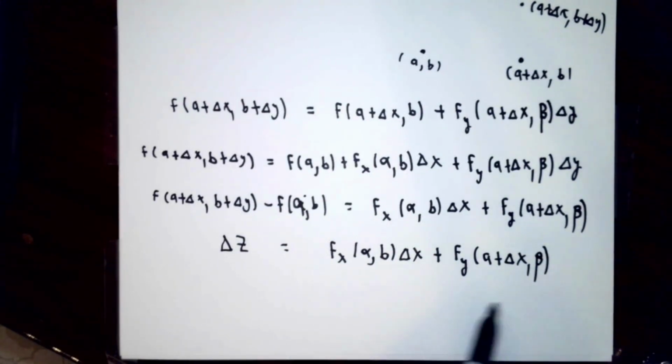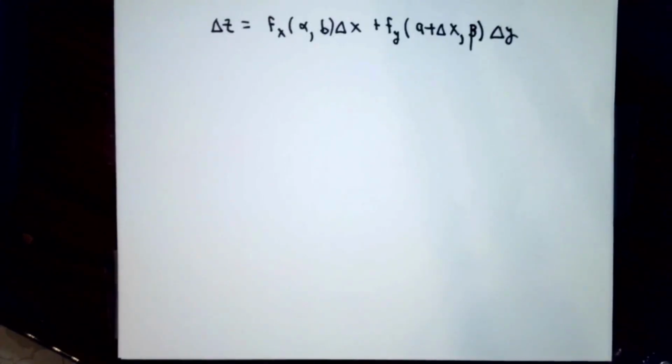This strongly resembles dz, but is not dz, because we are not evaluating the derivatives at ab. To get this into the correct form, I need to have these partial derivatives evaluated at ab rather than these other points. I'll just do an algebra trick here.